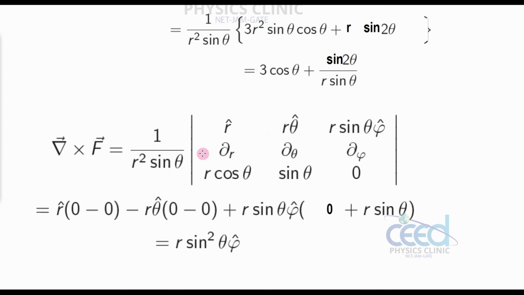Okay, so again take the r cap out, that is r cap into ∂/∂θ of 0, that is 0, minus ∂/∂φ of sin θ, that also is 0, minus r θ cap into ∂/∂r of 0, again 0, and ∂/∂φ of r cos θ, that also is 0 because there is no φ variable here, plus r sin θ φ cap into ∂/∂r of sin θ, that is 0, no variable of r here, minus ∂/∂θ of r cos θ, that is minus of minus r sin θ, that is plus r sin θ.